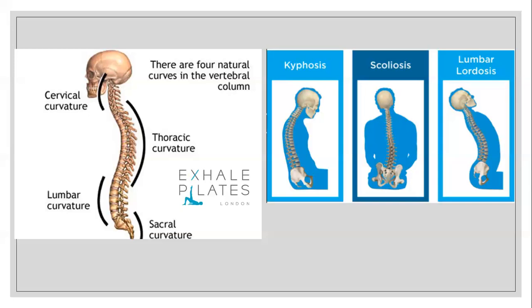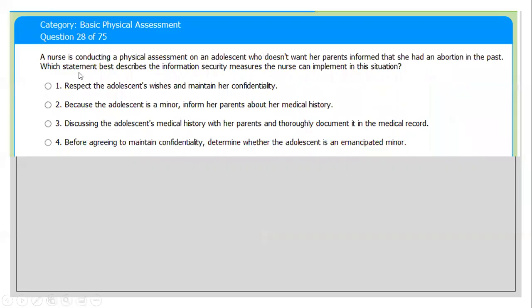And next question. A nurse is conducting a physical assessment on an adolescent who does not want her parents informed that she had an abortion in the past. Which statement best describes the information security measure the nurse can implement in this situation?